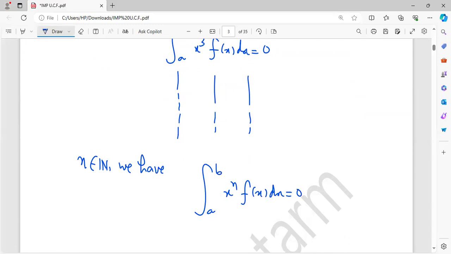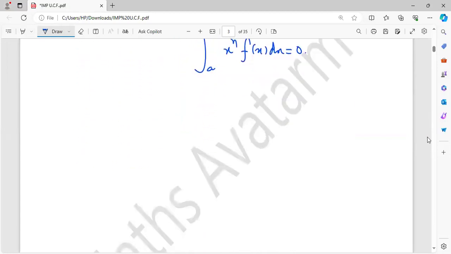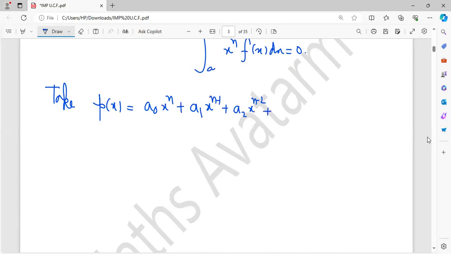Now we have all these equations. Now if I take any polynomial, take polynomial P(x) equal to a0 x to the power n plus a1 x to the power n minus 1 plus a2 x to the power n minus 2 plus a(n-3) x to the power 3 plus a(n-2) x square, plus the next term a(n-1) x and the last term a(n).